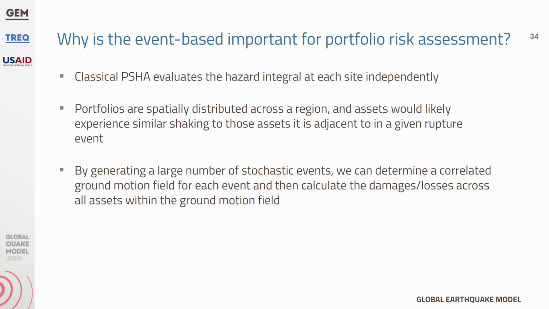And then by generating each stochastic event set separately, we're estimating the correlated ground motion fields and then calculating the damage and the losses, all those consequences across all assets for a single correlated ground motion field. This is repeated a large number of times to ensure that we're also covering rare events with low probabilities of occurrence.